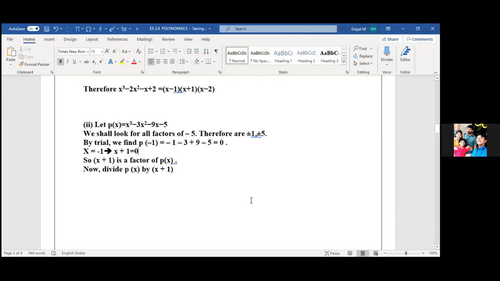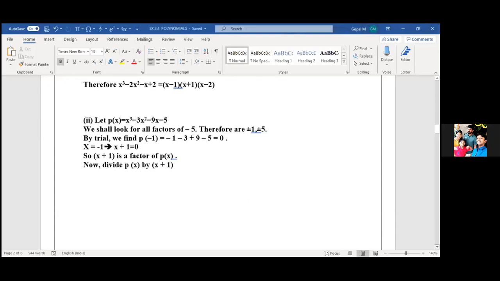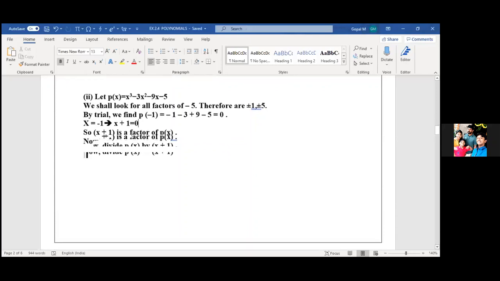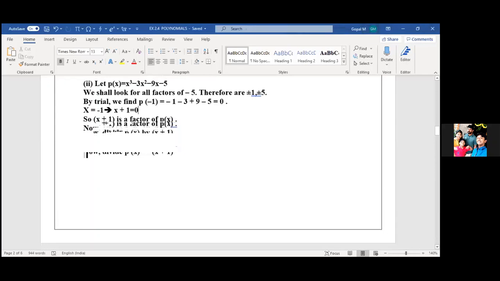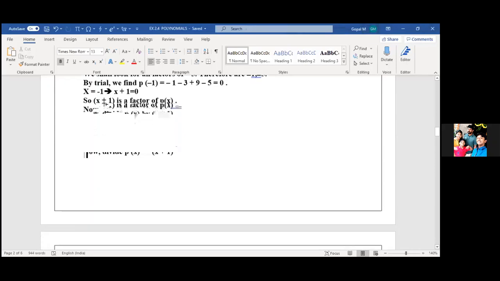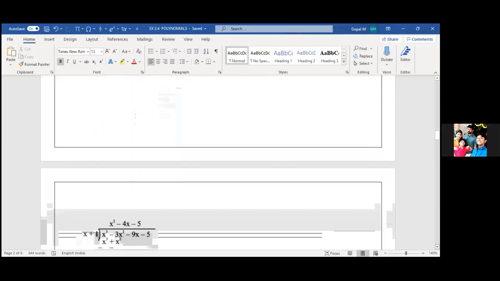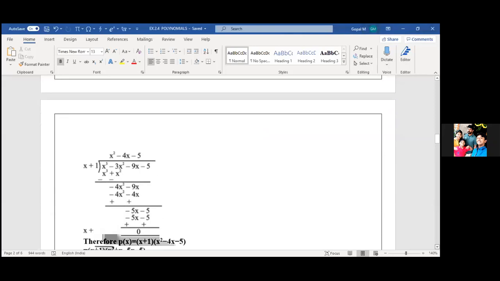Okay. Now, after getting one factor, from that factor, we have to divide the given polynomial. So from that factor, now I'll divide by using long division method. I'll divide the polynomial.